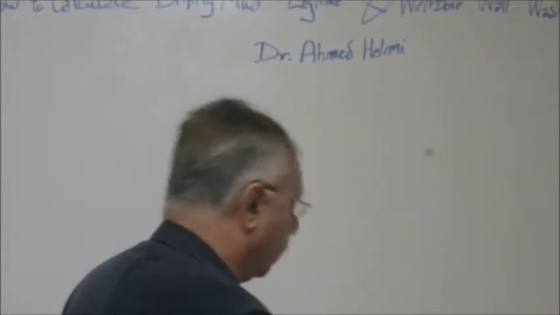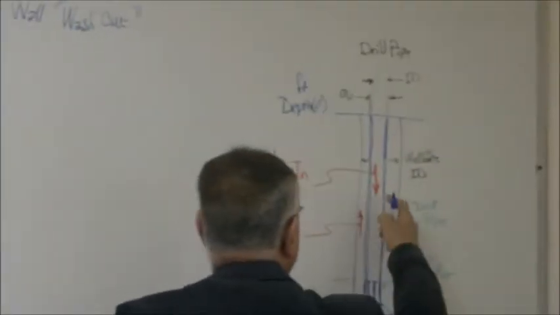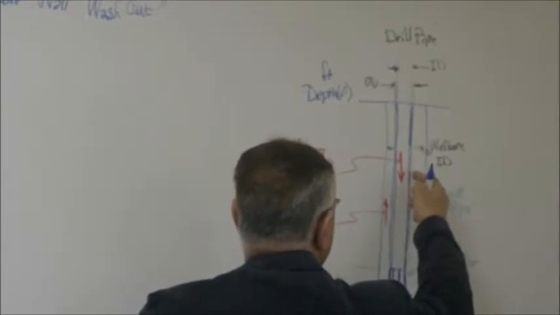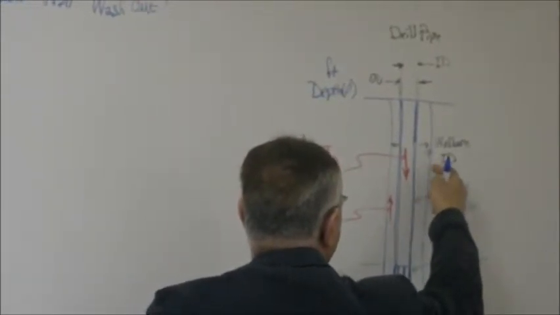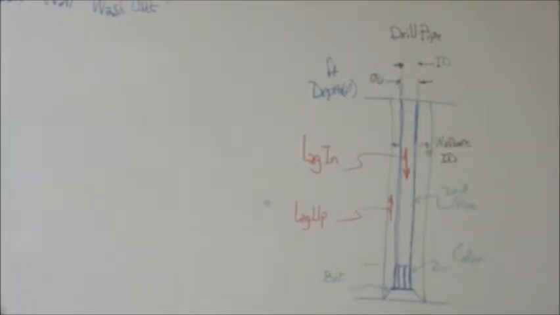First of all, we should calculate the annular volume. Annular volume is the volume between the outer diameter of the drill pipe and the inner wall of the wellbore. How to calculate this? Very simple.